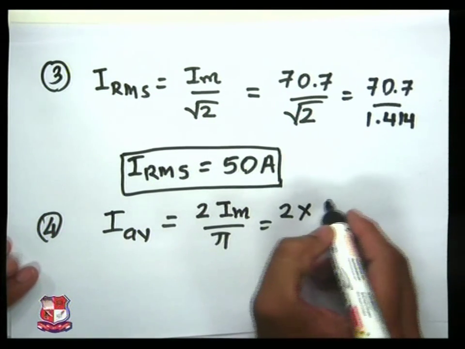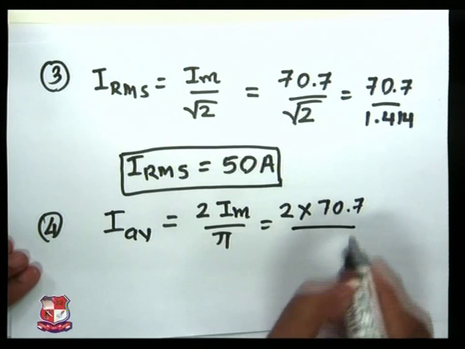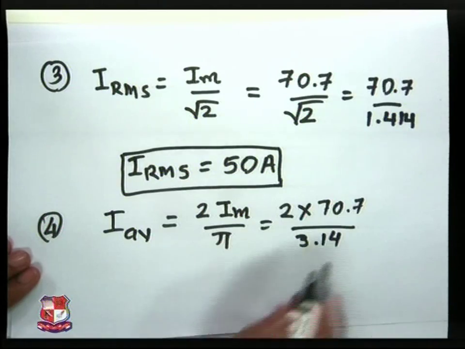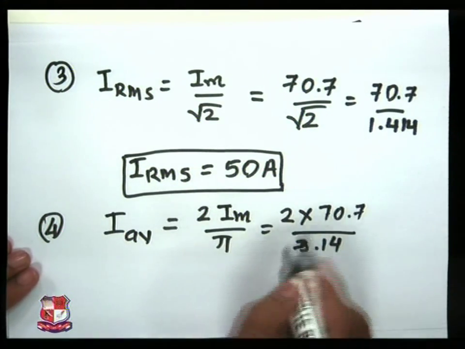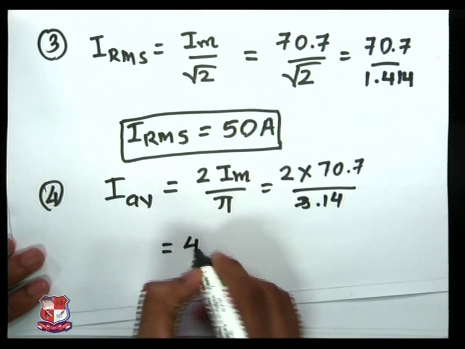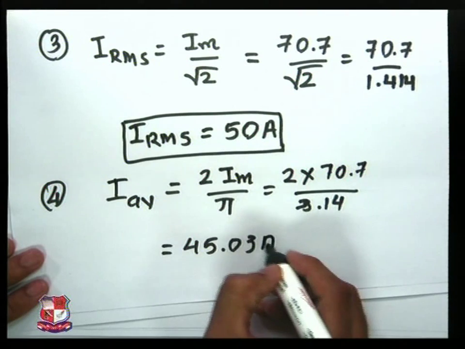So the maximum current value is again 70.7 upon pi, which is 3.14. After solving this equation, we get the value 45.03 ampere.